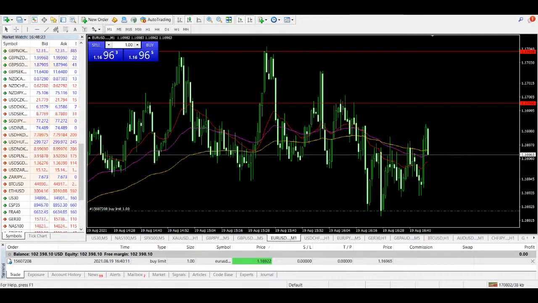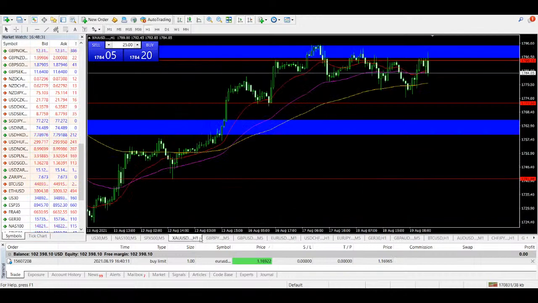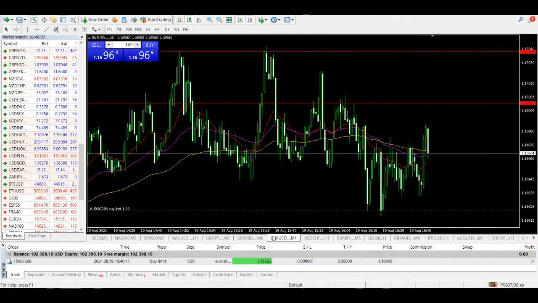What do you think is the best method to pass the challenge? It's a little bit difficult to say. If you can be consistent, like, for example, this account that I'm trading right now, when I finish trading it, it will be 10 trading days.